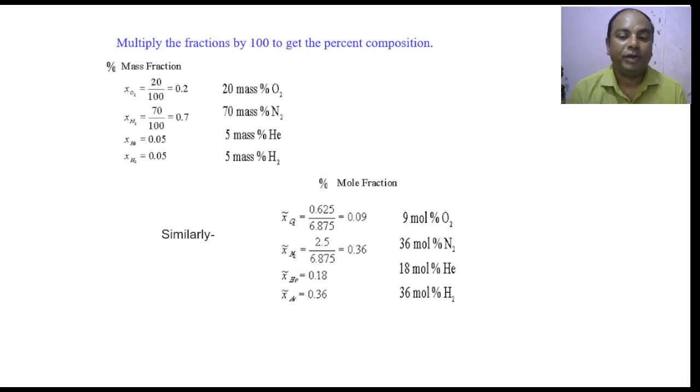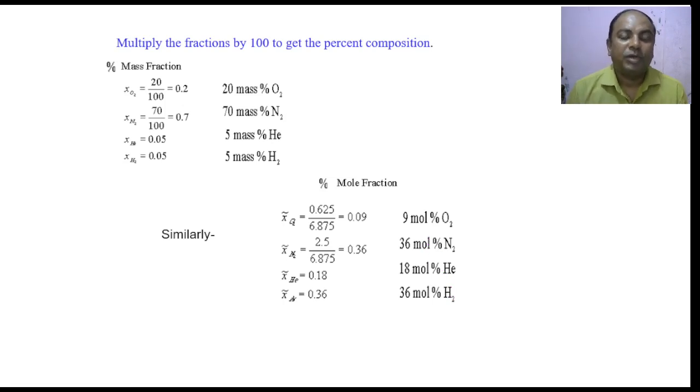When you calculate the percentage mole fraction, you would see that the mole percent of hydrogen is more than that of oxygen, even though the amount of oxygen in the stream is more. This is a contrast to what we thought, and therefore these calculations must be performed initially in order to find out what constituent is present in more concentration.